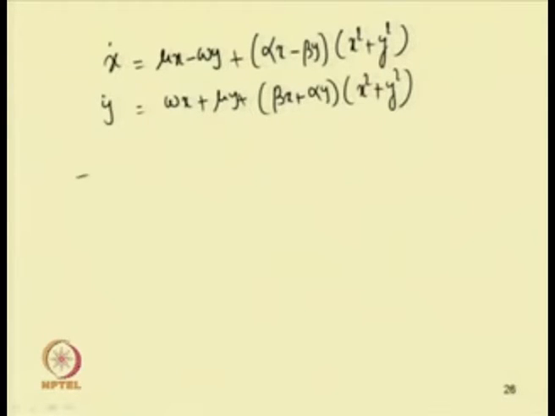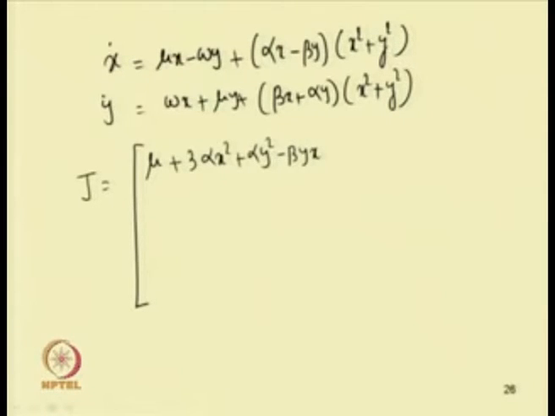In this case we can find the Jacobian matrix. The Jacobian matrix can be obtained by differentiating or perturbing these two equations, that is, by finding the first derivative of these two equations. Differentiating the first equation with respect to x, one can write mu plus 3 alpha x square plus alpha y square minus 2 beta x y, and differentiating with respect to y, this becomes minus omega plus 2 alpha x y minus 3 beta y square.